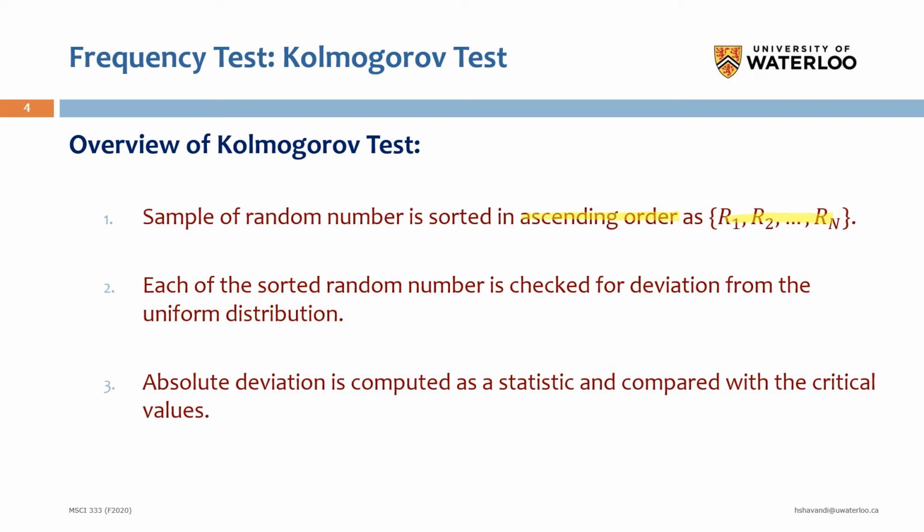Then each of the sorted random numbers will be checked for deviation from the uniform distribution, and then we calculate an absolute deviation as a statistic, which is compared with a critical value to see if we can accept H0, the hypothesis that the random numbers are uniform, or not.